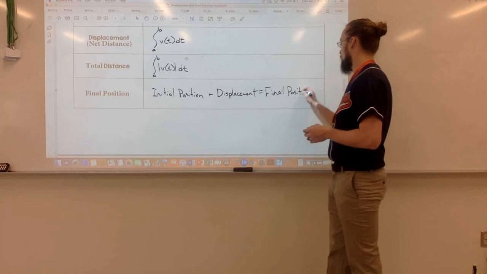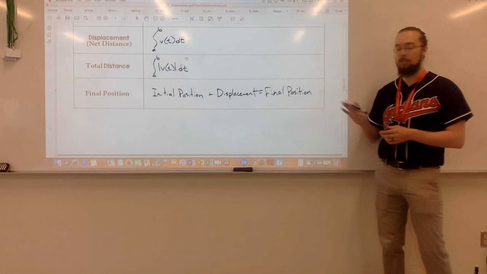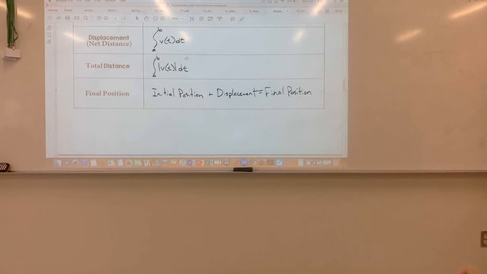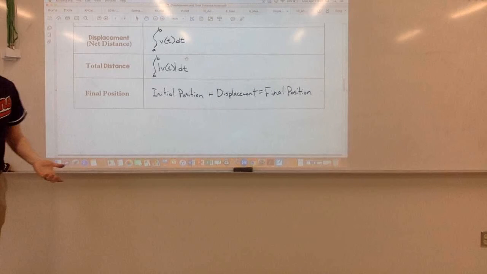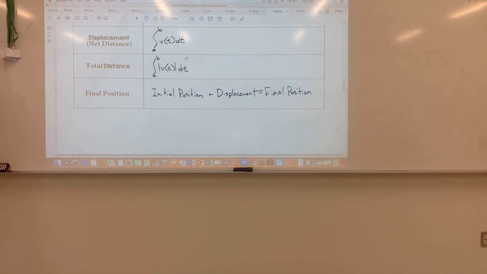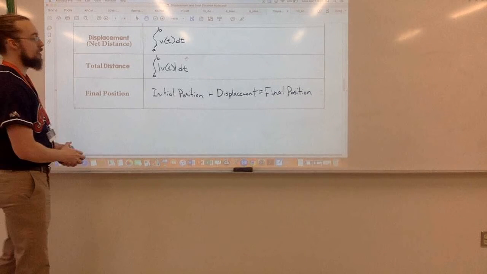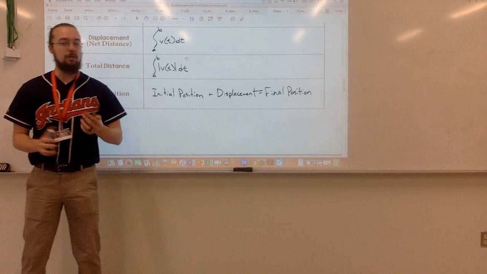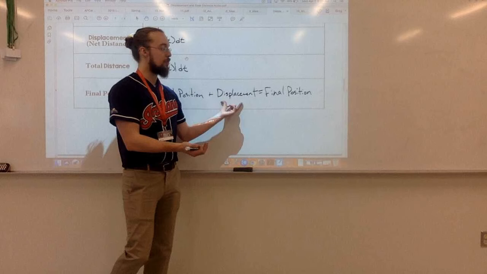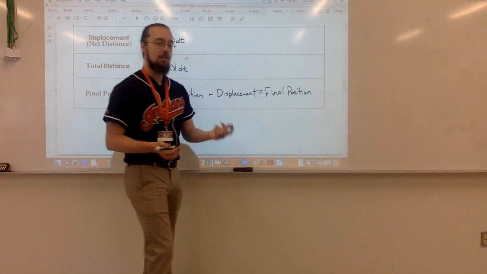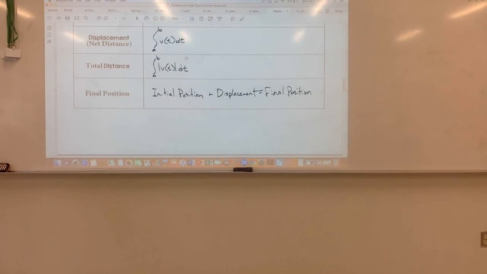We worked with stuff like this when we did the rates right before spring break. Maybe there's initially 500 tons of gravel, or initially there's 30 pounds of bananas on display, some initial value. Then we want to add how much that value has changed. That gives us the final value. We're just applying that to position now.